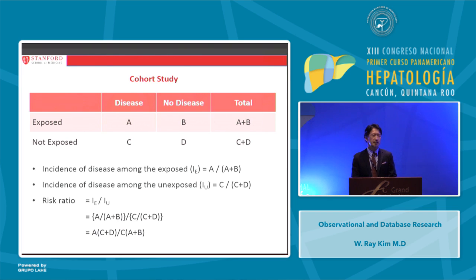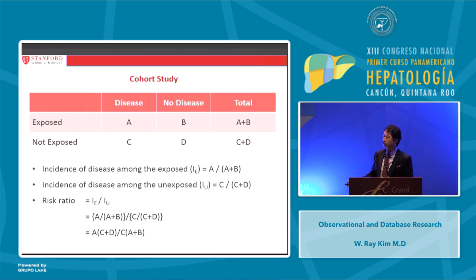When you're done with the data collection, you will end up with this 2-by-2 table. So on the left side, you will have exposed versus unexposed, and then you will have people with disease or no disease. Easy, right? Then you have the total column that shows these are the total number of people who had exposure, surface antigen positive. Some developed cancer, others didn't.